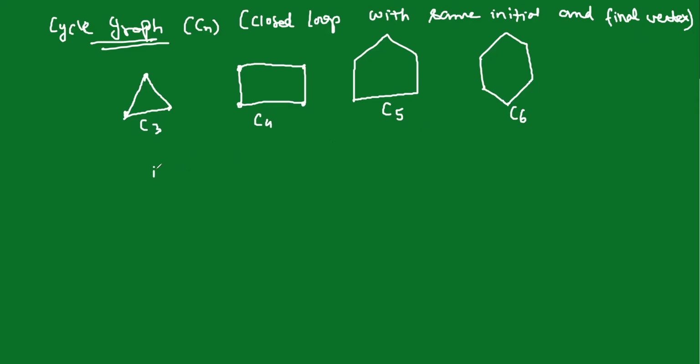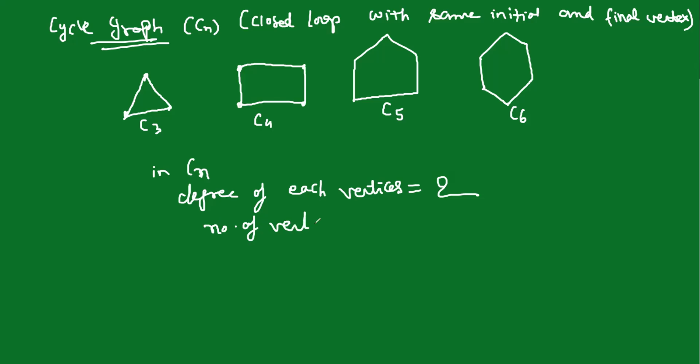In Cn, the degree of each vertex is 2. Okay. The number of vertices is n. The number of edges will be n. Okay.